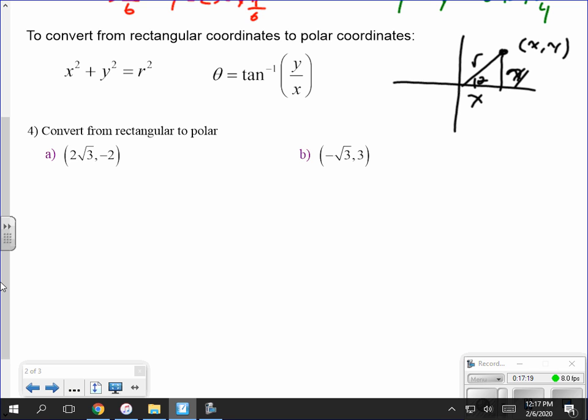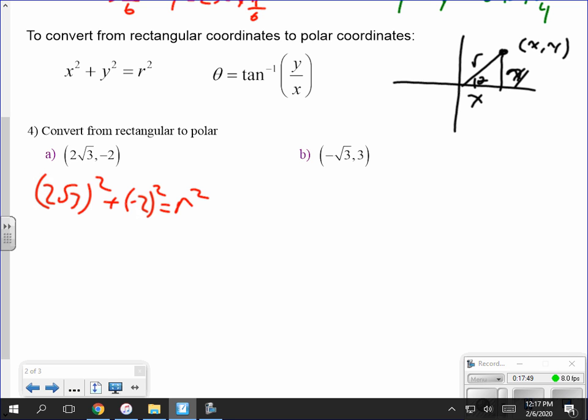Let's do the first one. I want to find R. That's the easier thing to figure out. X squared plus y squared equals R squared. 2 root 3 squared plus -2 squared is equal to R squared. 12 plus 4, 16.